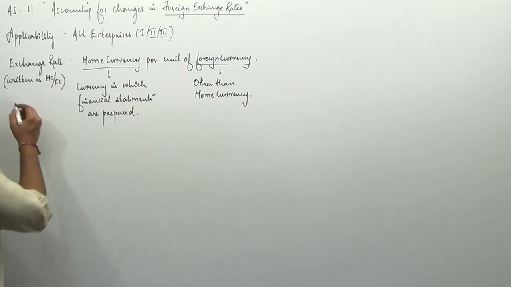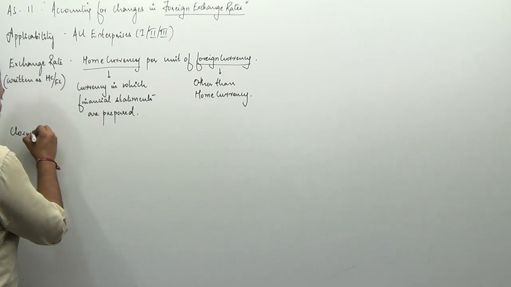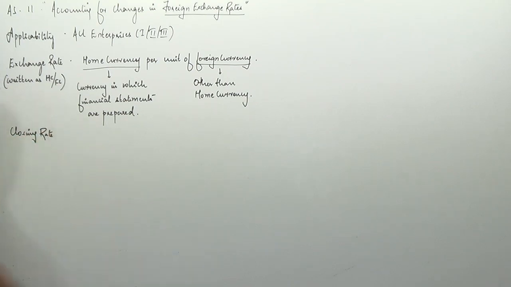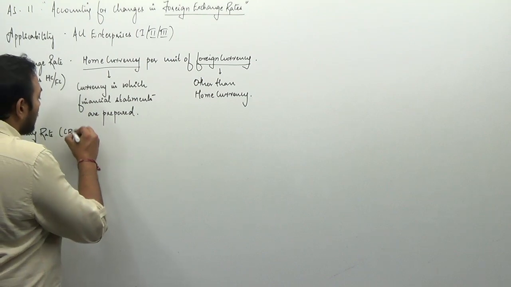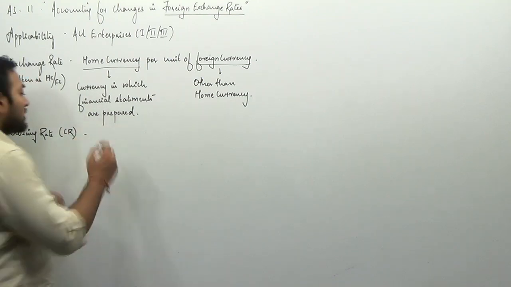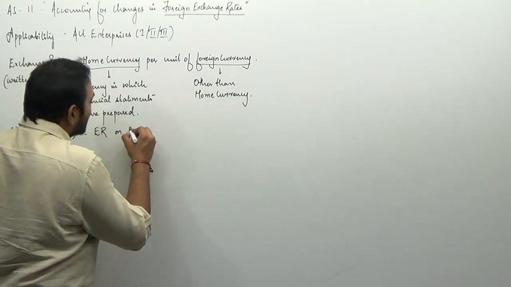Now these exchange rates, we need to talk about something called closing rate. One exchange rate that we have to discuss is the closing rate. In short, we denote it as CR. Closing rate is the exchange rate on balance sheet date.